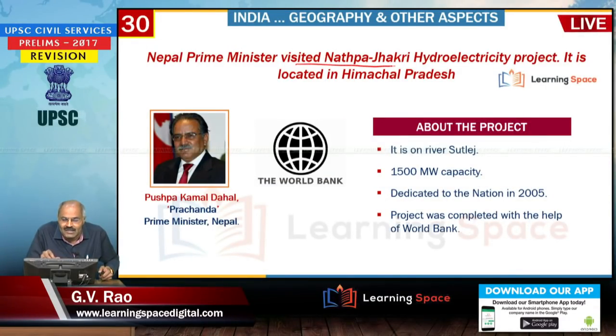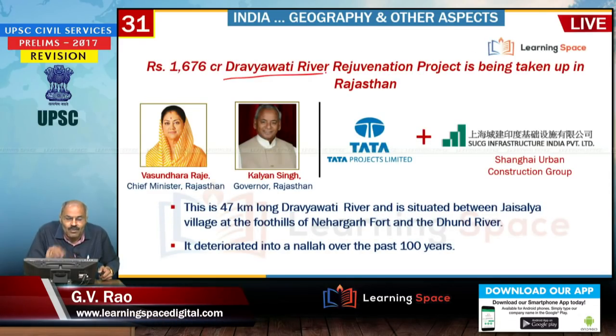Nepal Prime Minister visited Naphtha Jhakri hydroelectricity project. This is situated on river Satluj, and here this project is in Himachal Pradesh. These things do not forget. Then one more important aspect is Dravyavati river rejuvenation project.